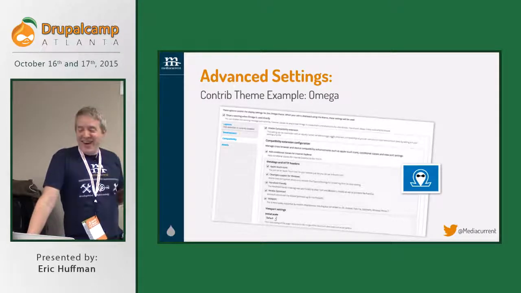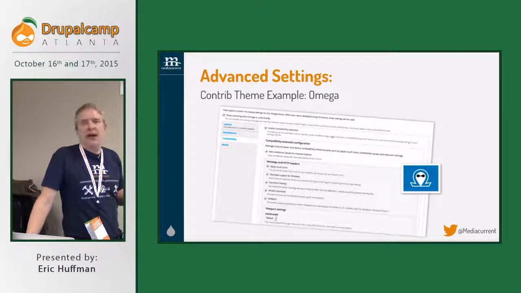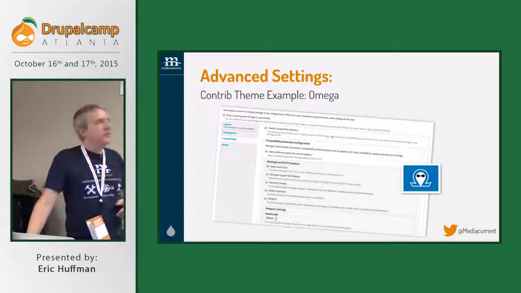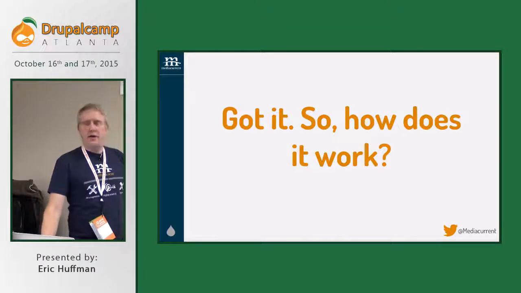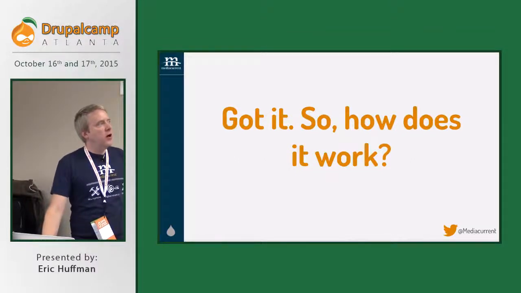Yeah. Not as good user feedback either, but it's a great example of the base theme playing the role of this kind of configuration engine that you subtheme off of, which is another great use for advanced theme settings. Okay, got it. So how does it actually work?